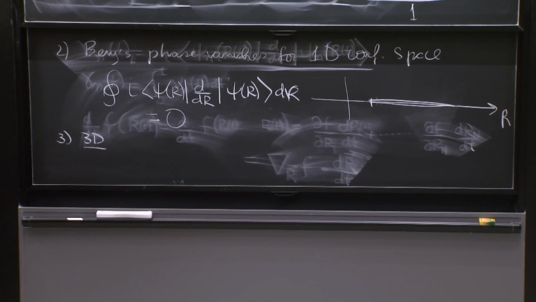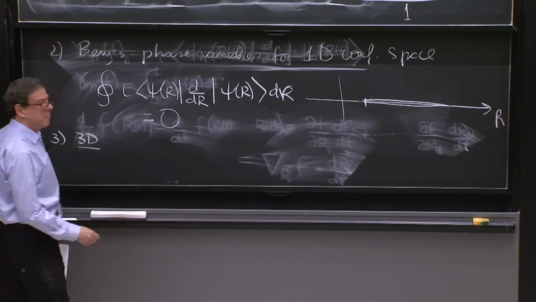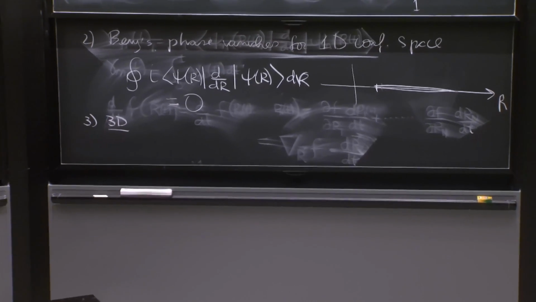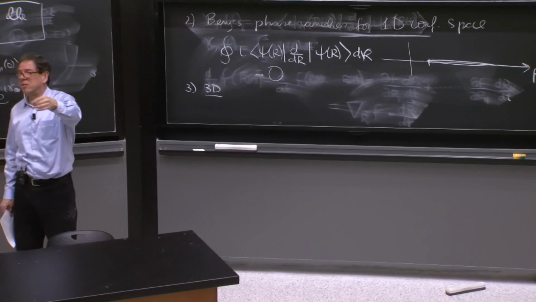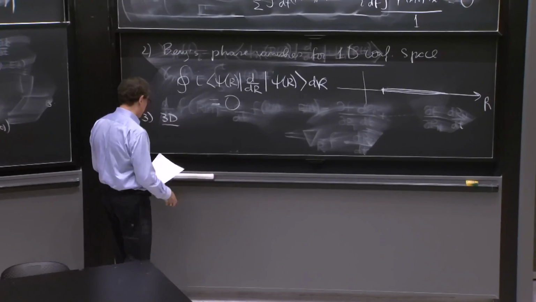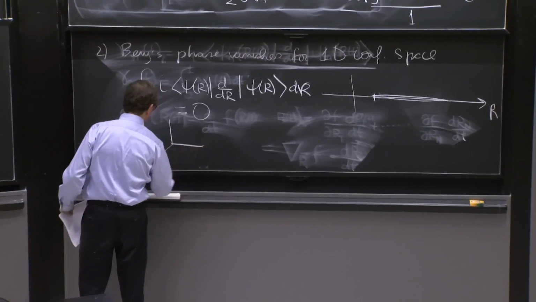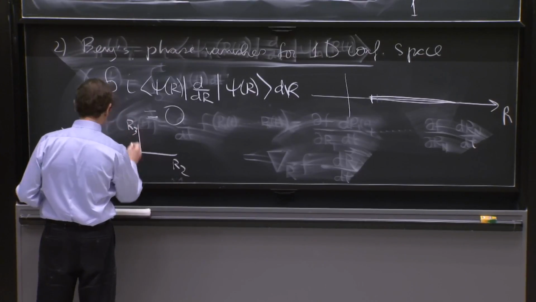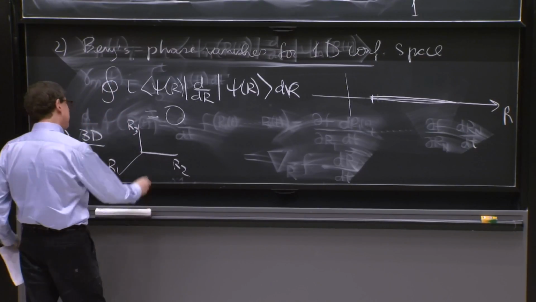A 3D configuration space is the perfect place to confuse yourself because you have 3 dimensions of configuration and 3 dimensions of space. So nice interplay between them. R1, R2, R3. And then you have an integral.